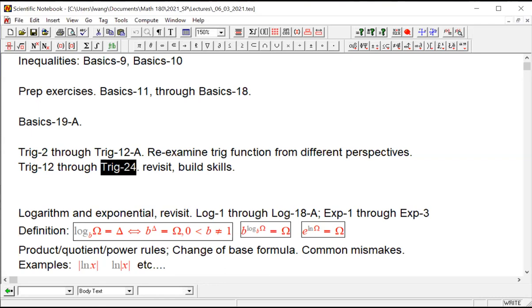For example, you're going to take a derivative of some trig functions and then you have to reduce it. You encounter something like that in trig 20, like in 24A. You need to be able to reduce it, so you need to acquire some skills to reduce trig expressions. So examples in trig 24A may be useful in Cal.